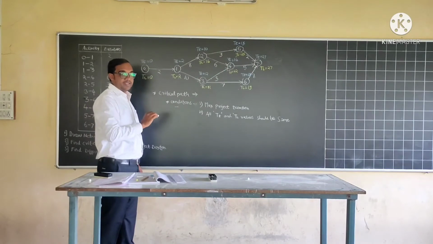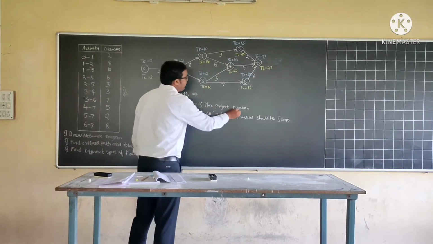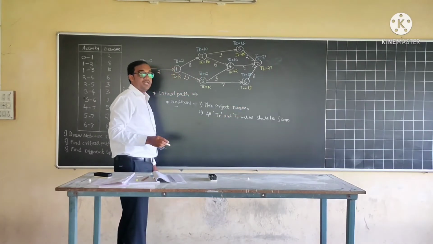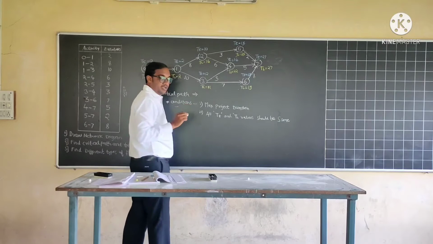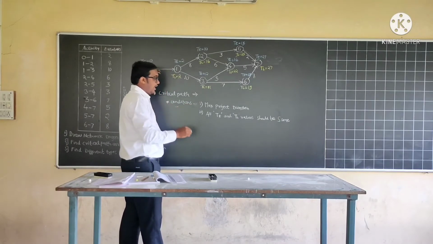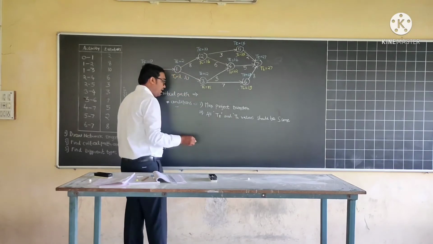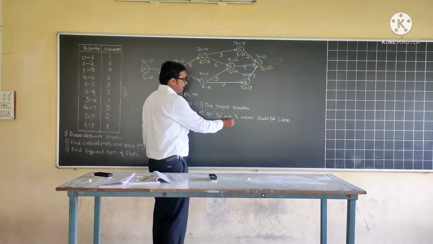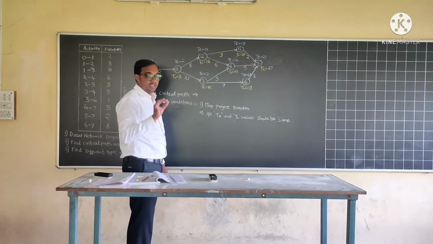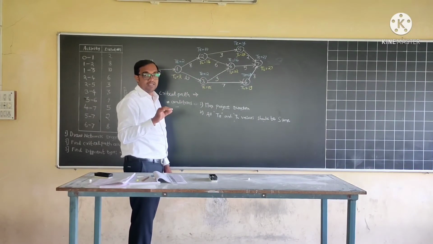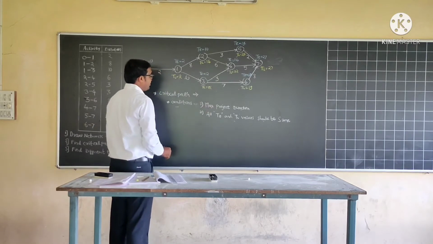Considering all four ways, you have to consider the maximum duration required to complete the project. That is the critical path. Also, all the TE and TL values, the early event time and latest allowable time, should be the same on that path. Then only that path is called the critical path. So we will consider first the maximum project duration.